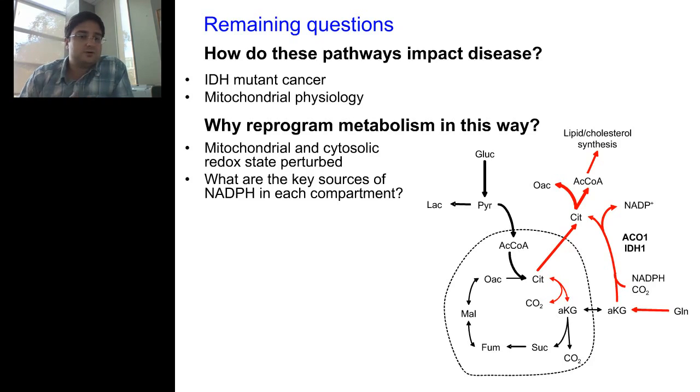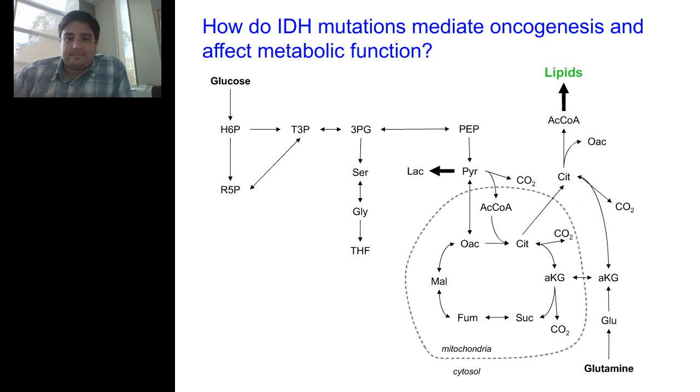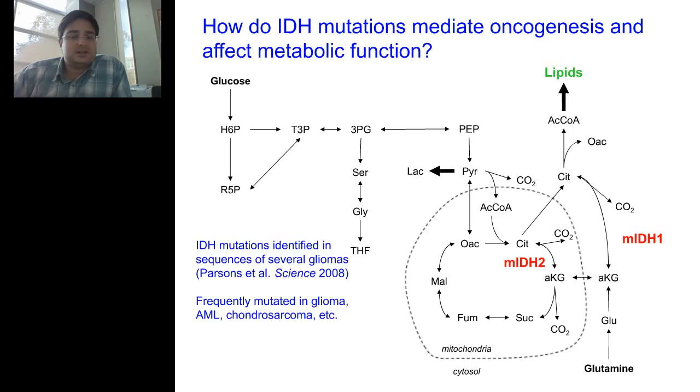Some of the questions we've looked to address are how these pathways are modified and affected in cells expressing a mutant IDH1, and what is the role of cofactors such as NADPH in these processes. So if I rewind to this map of intermediary metabolism, I'll highlight the role of IDHs in this, and particularly their discovery and involvement in cancer.